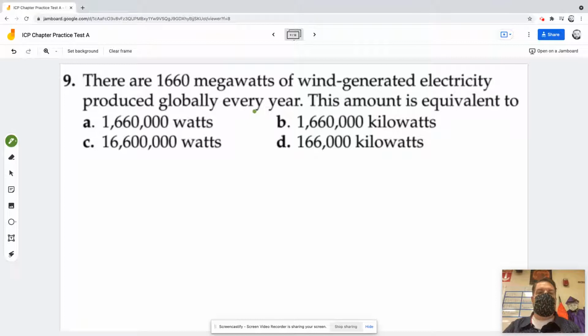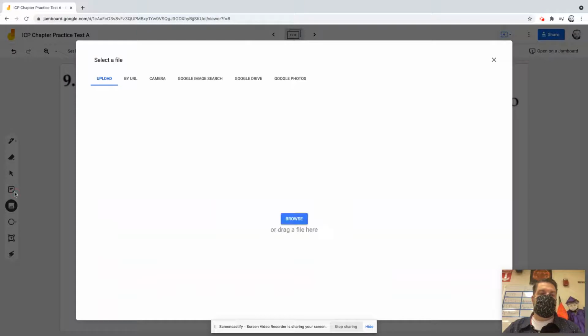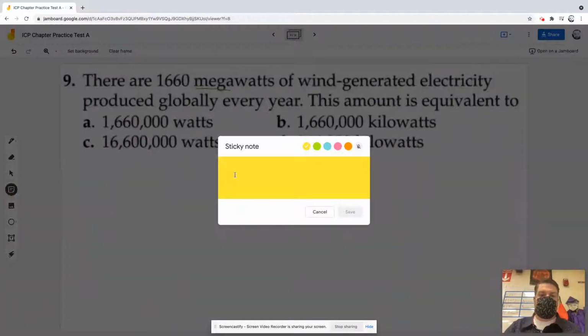Number 9, it says there are 1,660 megawatts of wind-generated electricity produced globally every year? What is the equivalent amount? What does mega mean? Does anybody remember what mega means? Yeah, it means 1 million.